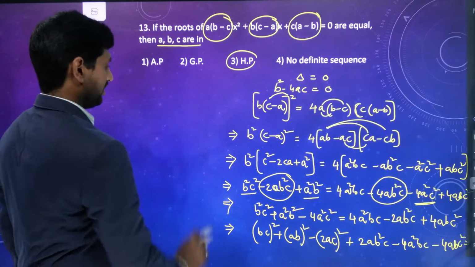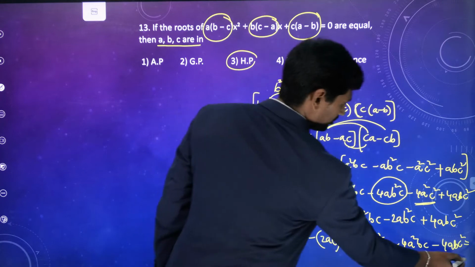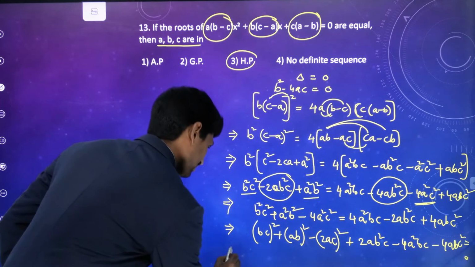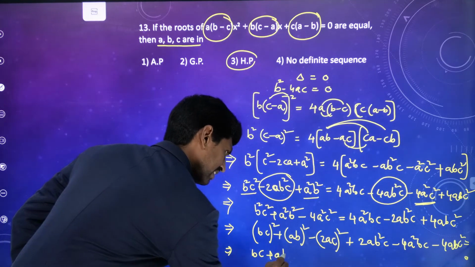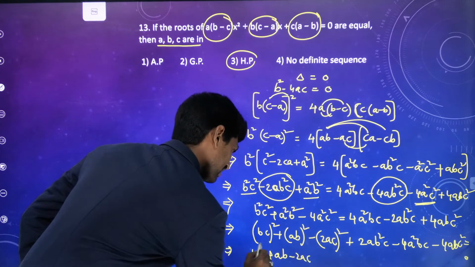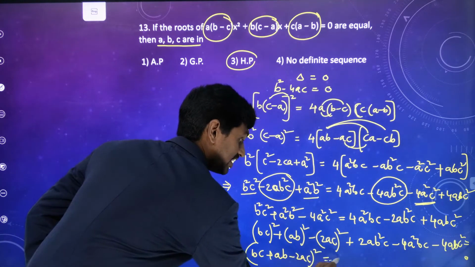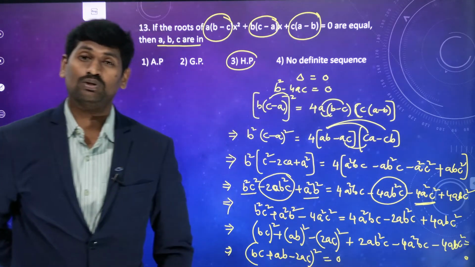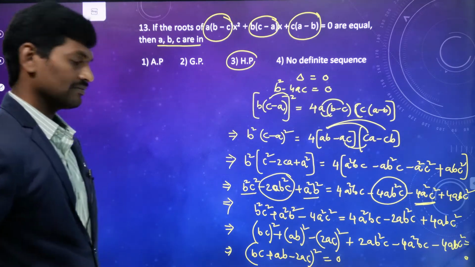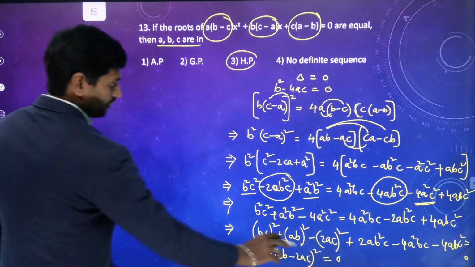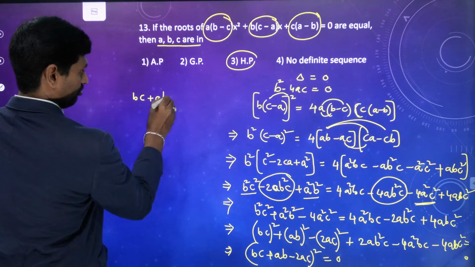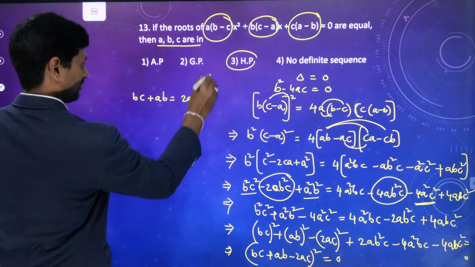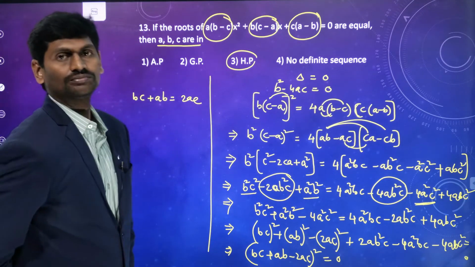So that will be written as bc plus ab minus 2ac whole square, according to the a plus b plus c whole square format. Okay, na? Square, if you transpose that side, it will be bc plus ab equals to 2ac. That's it.